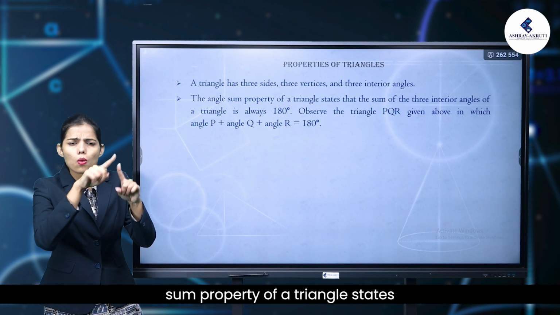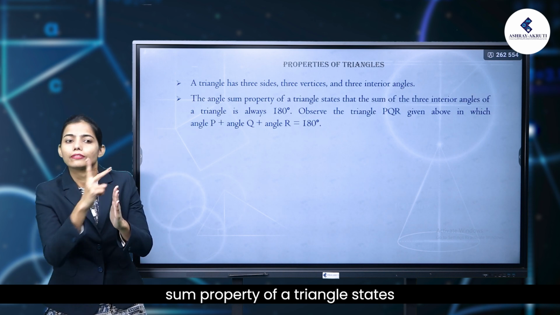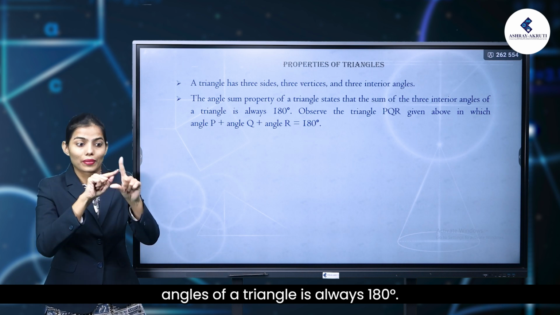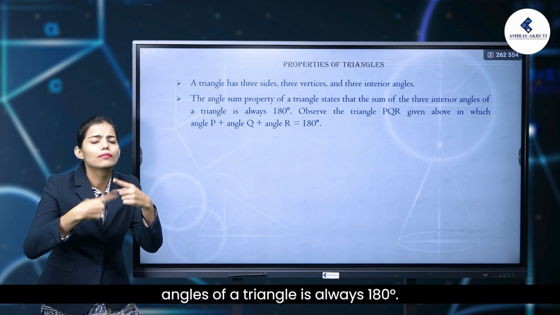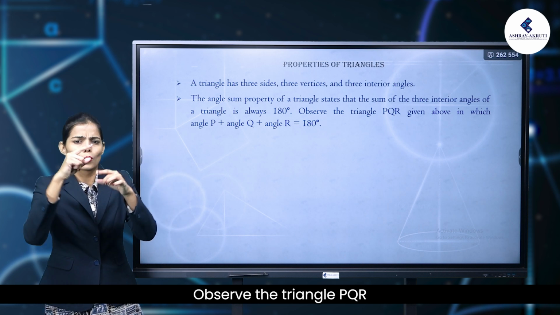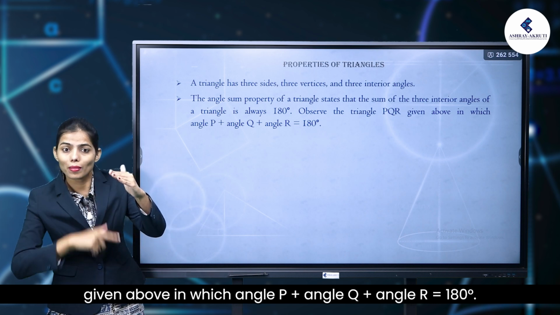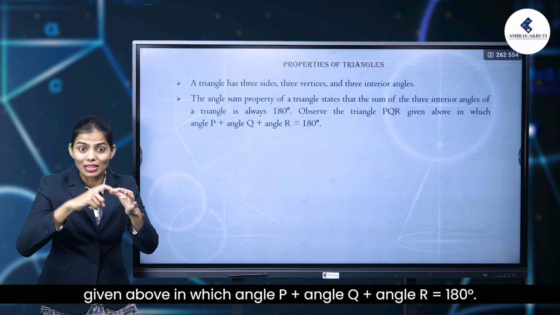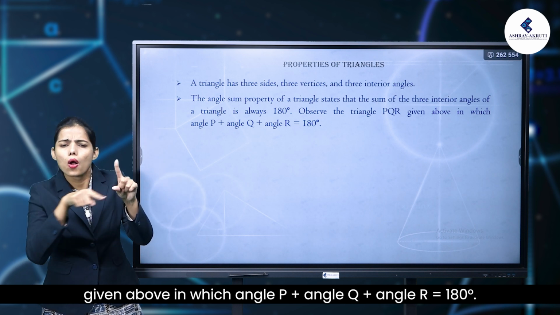The angle sum property of a triangle states that the sum of the three interior angles of a triangle is always 180 degrees. Observe the triangle PQR given above, in which angle P plus angle Q plus angle R is equal to 180 degrees.